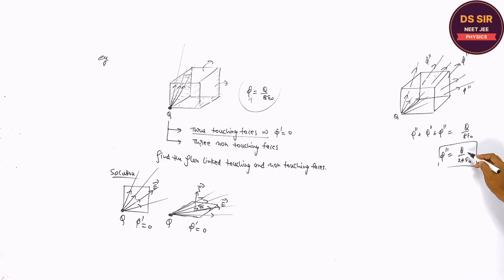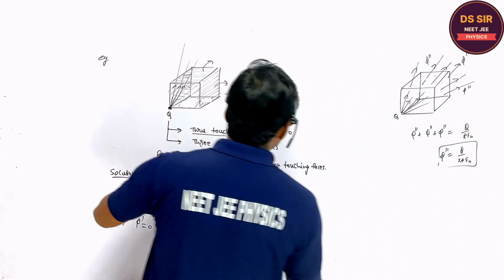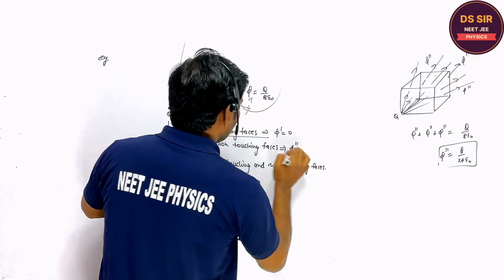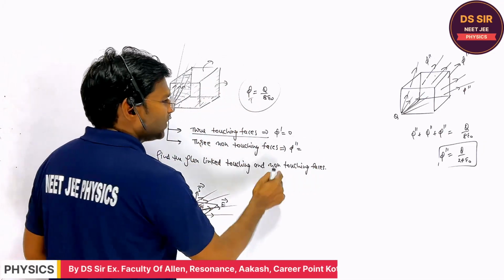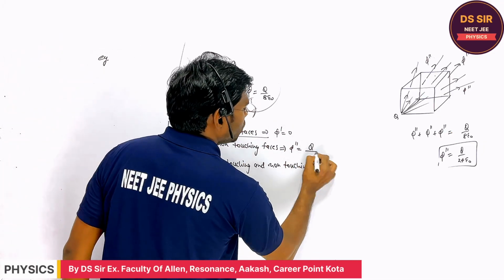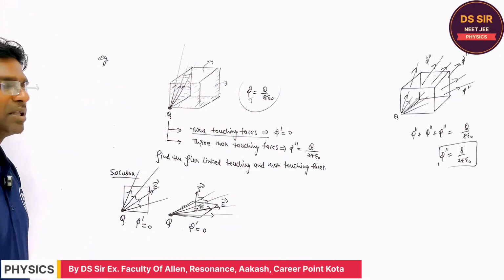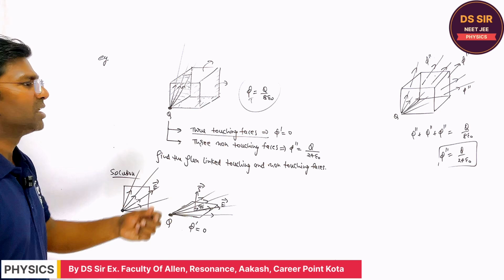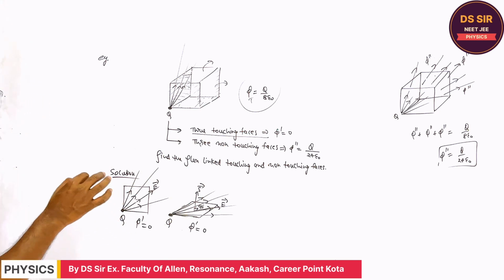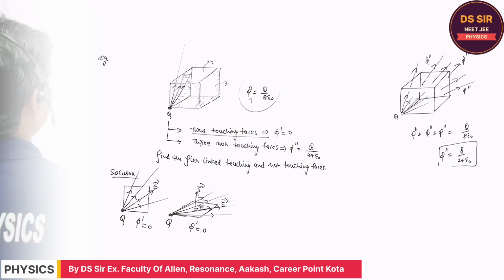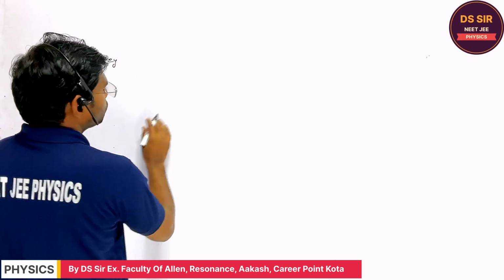Is it clear or not? q upon 24 epsilon naught is the flux linked with one non-touching face. That is the answer. I think you understand. If you don't understand, I can explain this once again, right? Copy this. For example, one more question you should tell.